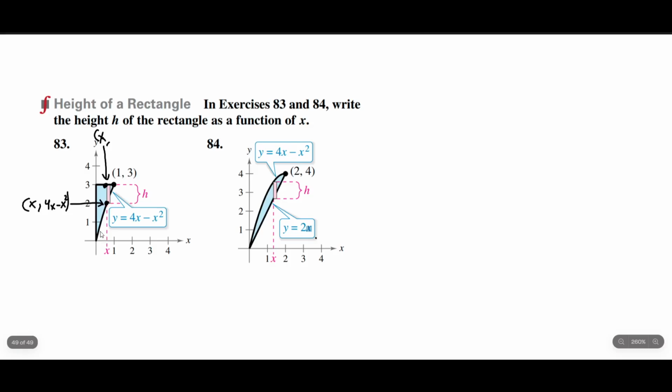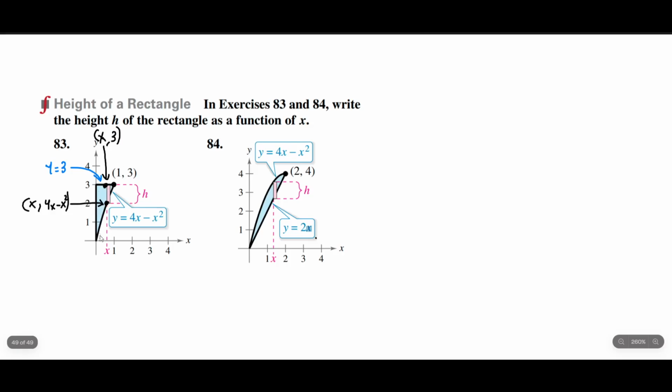But then the difference is that y, instead of y equals 4x minus x squared, this horizontal line here will be y equals 3. So instead of x comma y, we can write x comma 3.